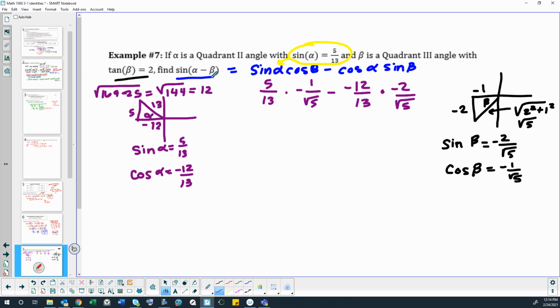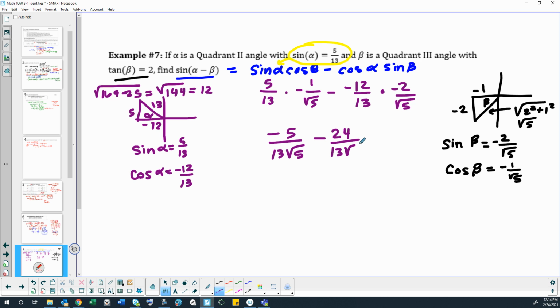So let's go ahead and simplify all that. So that gives us negative 5 over 13 square root 5. And then we have 3 negatives. Subtract, and then a negative times a negative. So that's going to be overall subtraction. So 12 times 2 is 24.